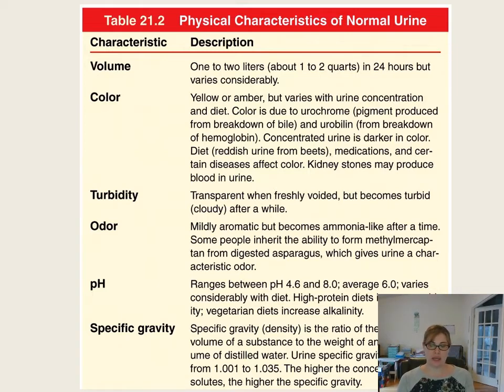So when you start getting up to 1.035, that's very concentrated, and closer to 1.0 would be very dilute. So someone with diabetes insipidus, we would see closer to the 1.0 because that's pure water. In the morning when you wake up, expect closer to the 1.035.